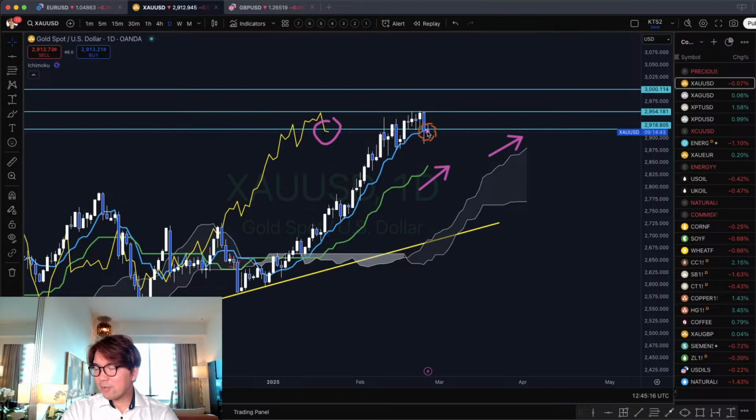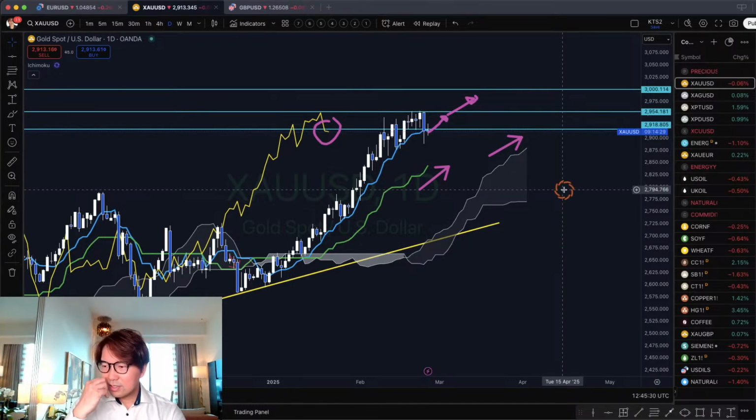From here the price may bounce and go up again and test 2954.18, and I think eventually the market reaches 3,000. So it's bullish to me still.